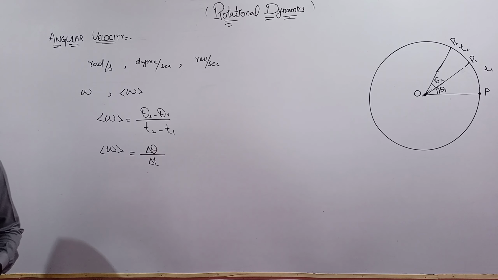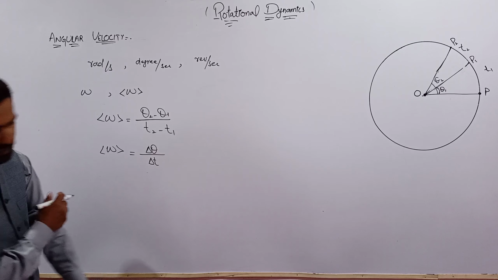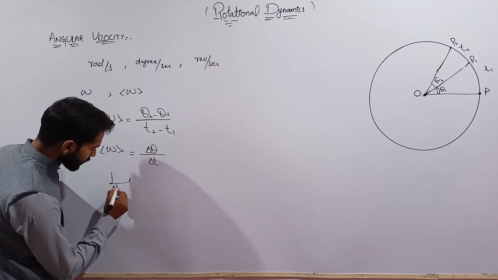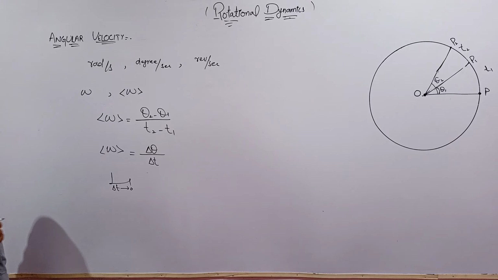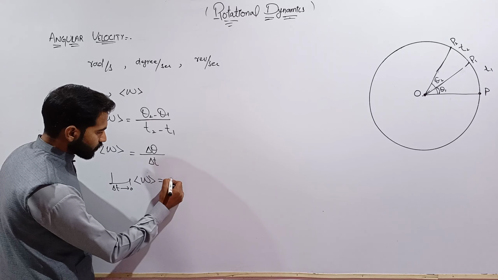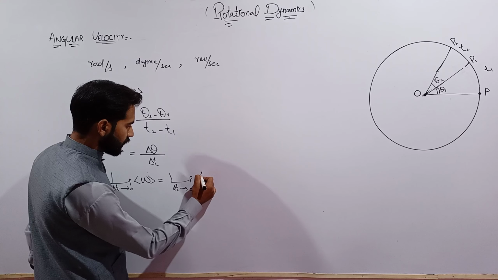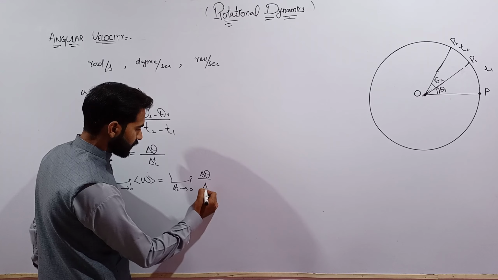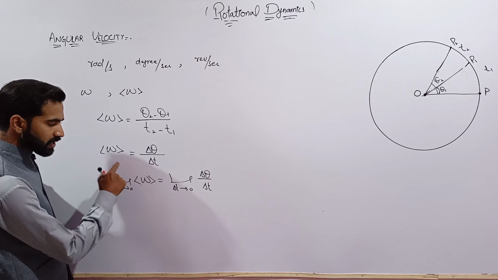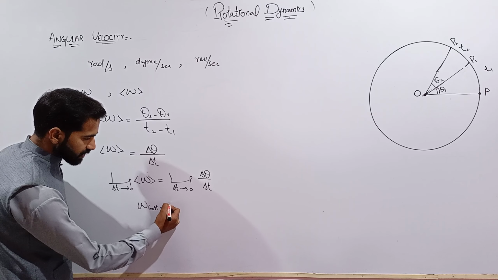When we take the limit of del theta divided by del T as del T approaches 0, this term is known as instantaneous angular velocity.